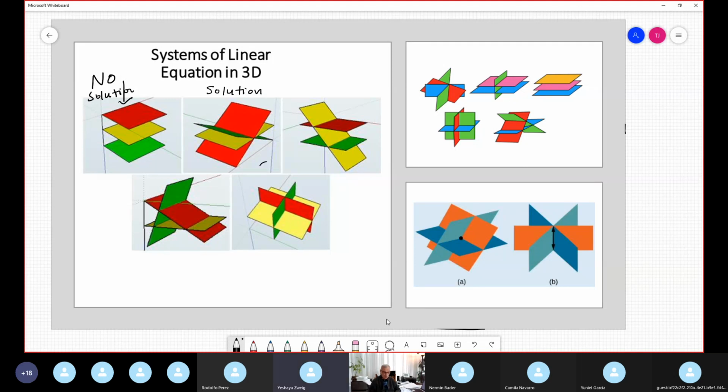Come on. Infinite solution. Infinite solution means because these planes have in common one line. Look, any point of this line is a solution. Therefore, we have infinity many solutions.